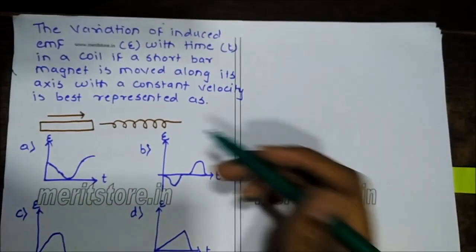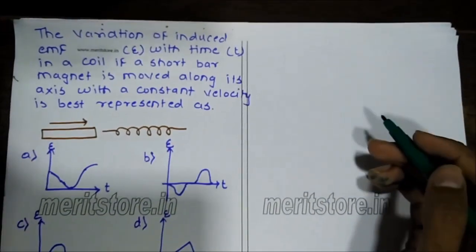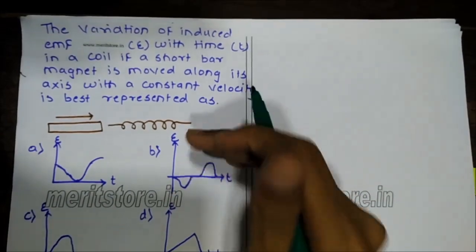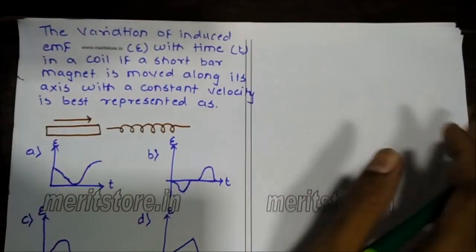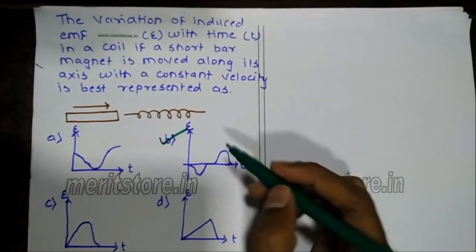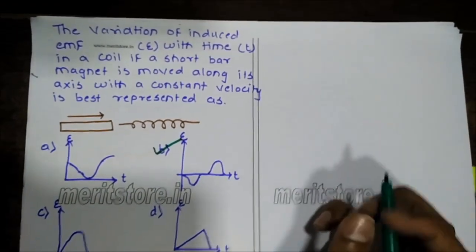Whenever the magnet enters the coil or leaves the coil, the polarity changes, and there will be two opposite polarities, one while entering and one while leaving. So option B, the graph showing opposite directions of polarity, is the correct option.